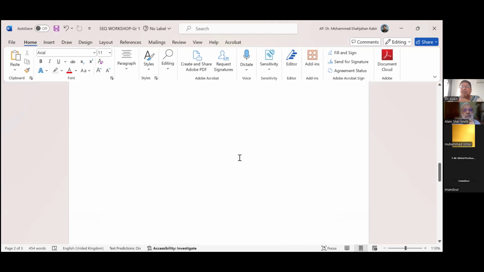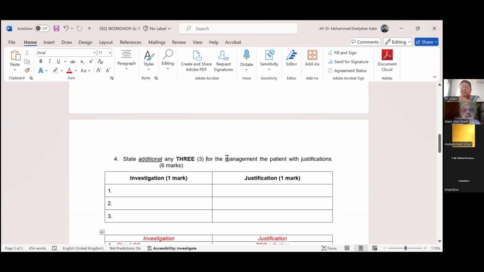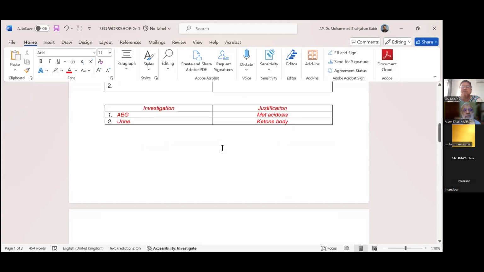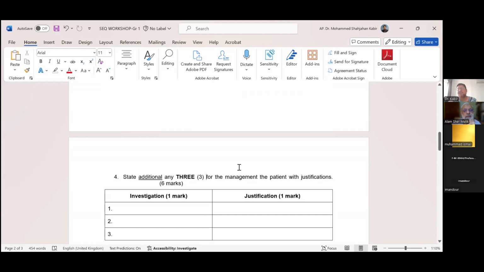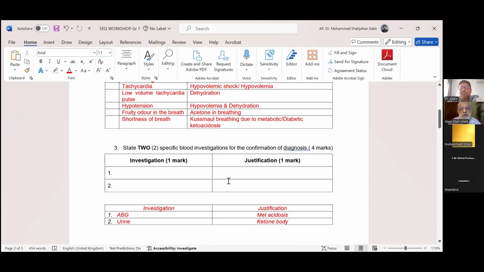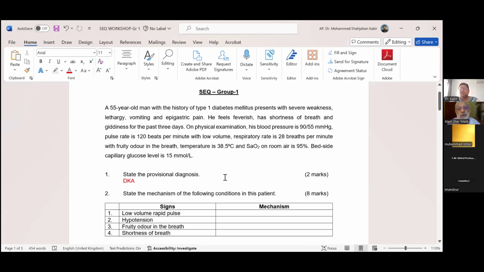But my mate says they first ask what the investigation is for confirmation of diagnosis, and what it is for the management. It is not necessary that we always ask for the treatment. So I told them I'd ask the moderator what the ideal way is. Thank you.